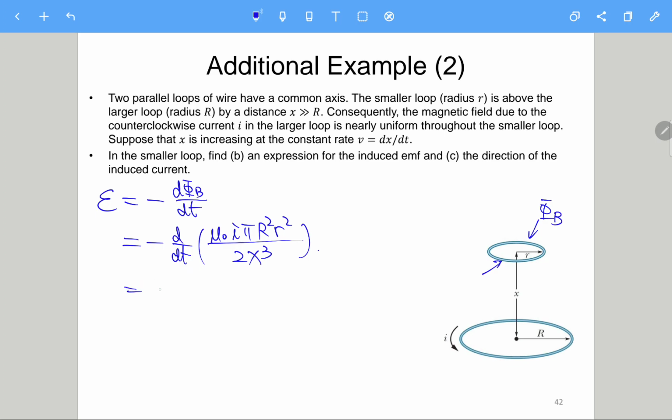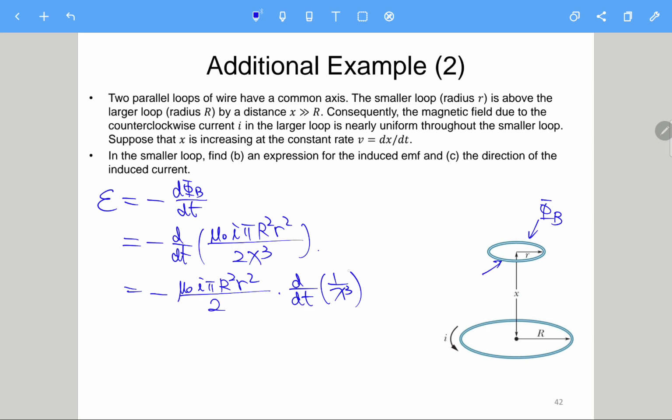Most of the terms are independent of time, so we can just put them out: mu naught I pi capital R squared small r squared over 2. All of these are independent of t, so the remaining term is d dt of 1 over x cubed. x is a function of time, so we cannot just put it out.